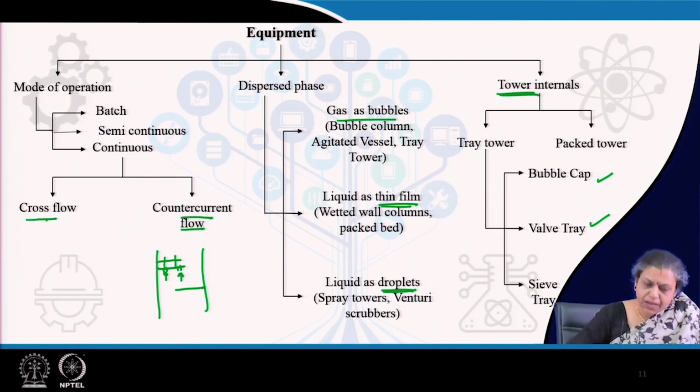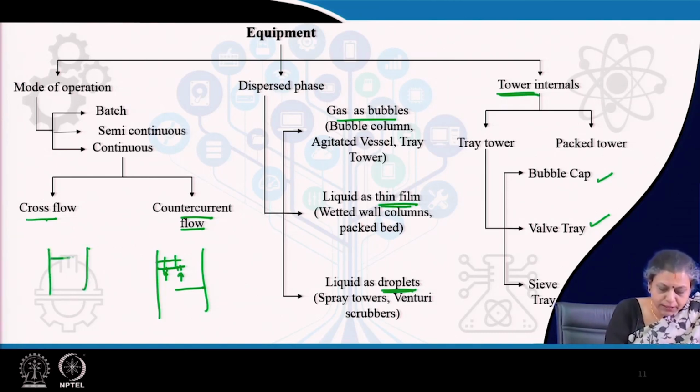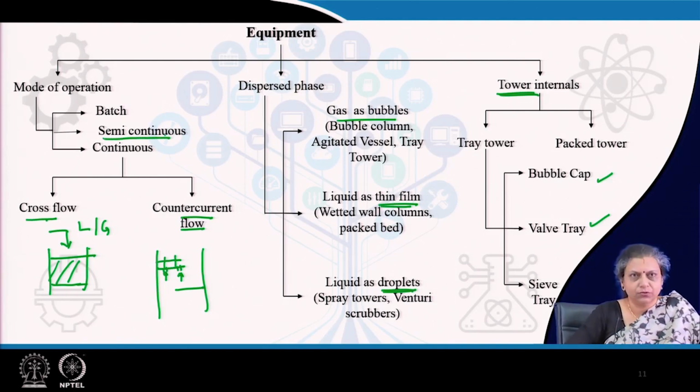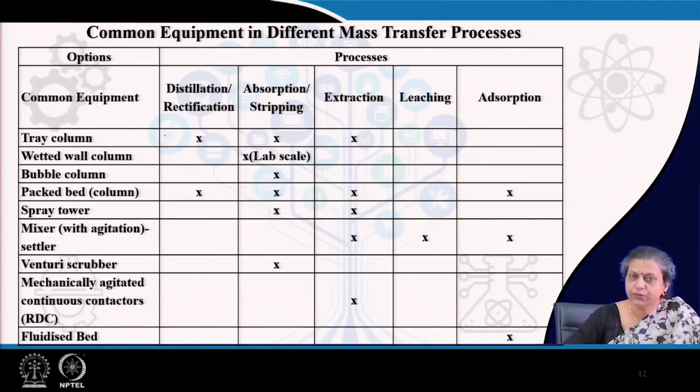When we have one phase as the solid phase, often it happens that the solid is kept as a bed within the tower and either the gas phase or the liquid phase is made to flow through this, under which condition we say that the process is semi-continuous. When we opt for which process, they have already been discussed in the introductory lecture, so I will not be going through this.